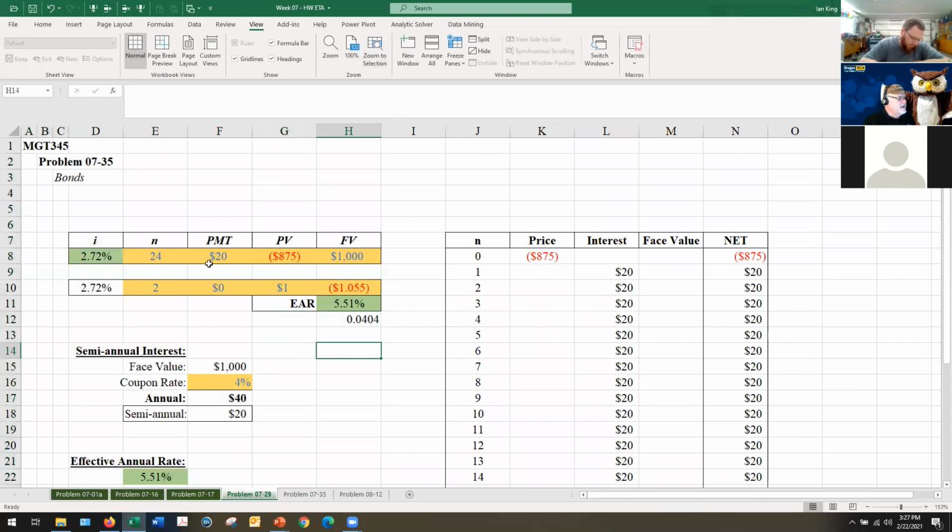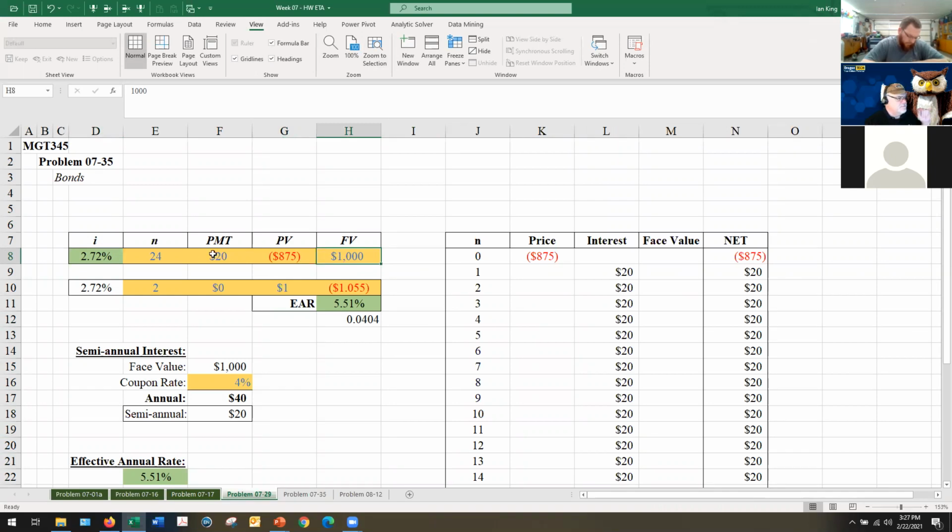Okay, now, to figure this out, there's a two-step process for some on this. If the bond will be paid off at the end of 12 years, what rate of return will the man receive? So he bought it at 875. Again, present value, money out the door, negative 875. At the end of his time period, 12 years, he gets $1,000 back.